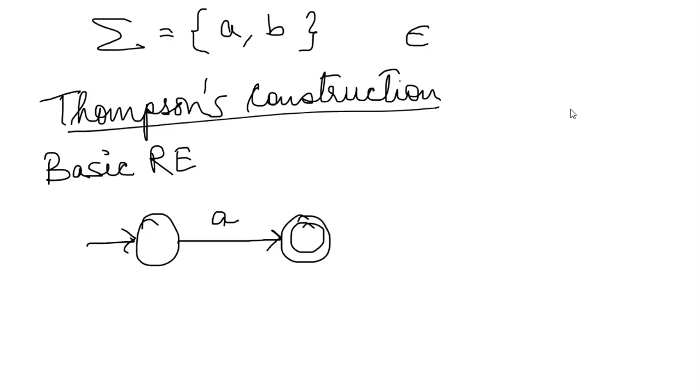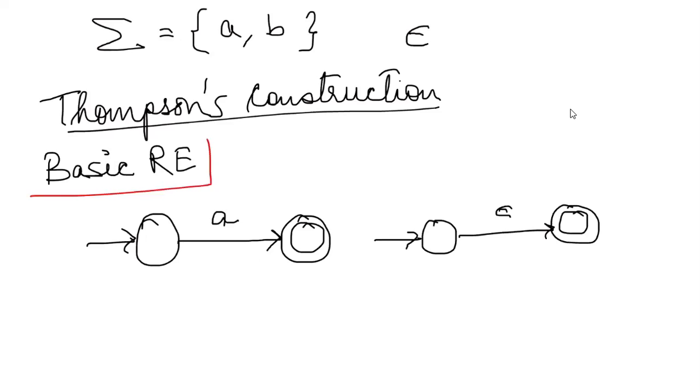And if it is epsilon, then also we will have a start state, and it will go to the final state by following an edge or a transition without consuming any of the input symbols. So these two are the NFAs for the basic regular expressions.